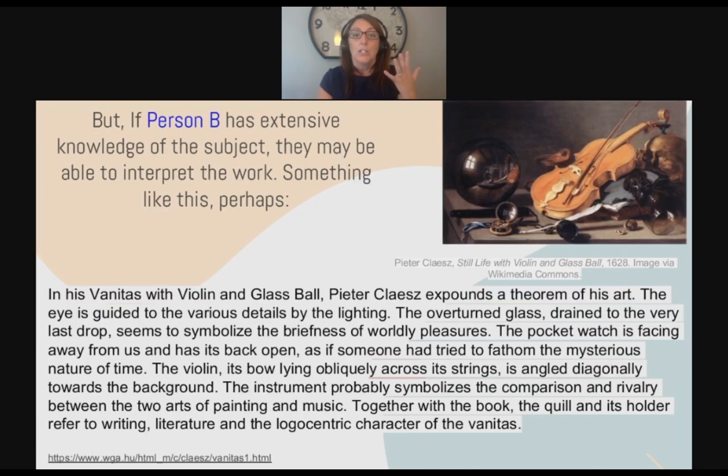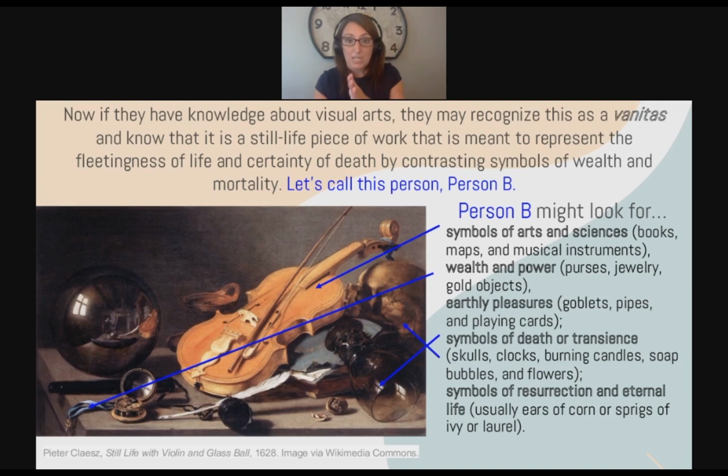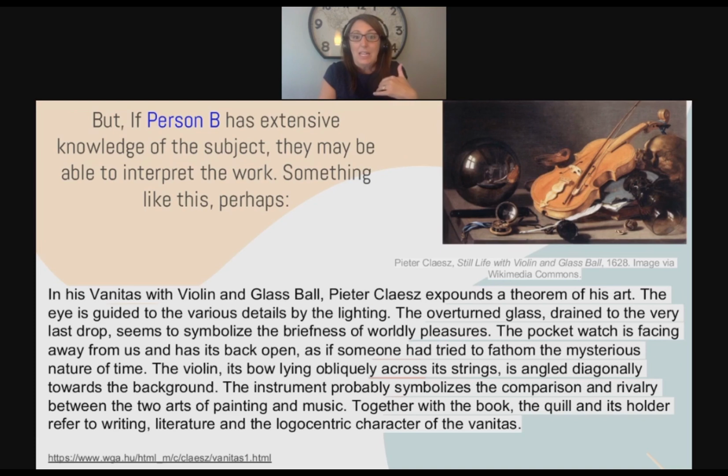So person A and person B's interpretations are very different, right? Because it's about our experience with art in general. But if person B has extensive experience in the subject, they're even going to be able to take it a step further and provide a really deep analysis of it, right?